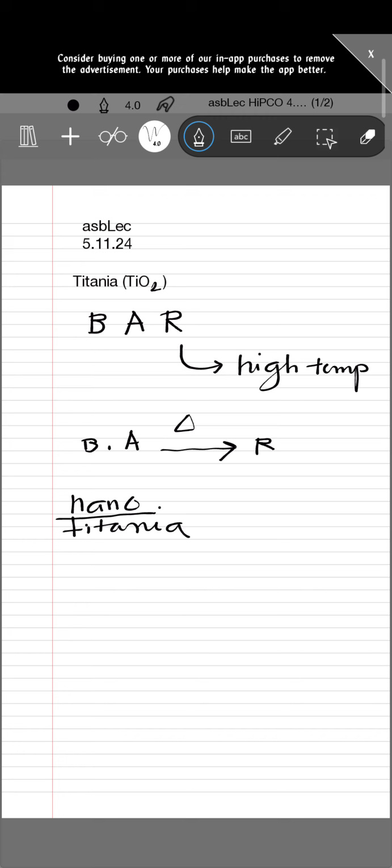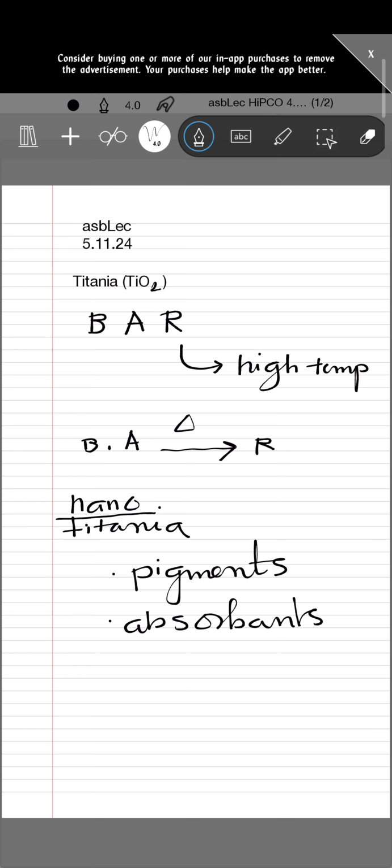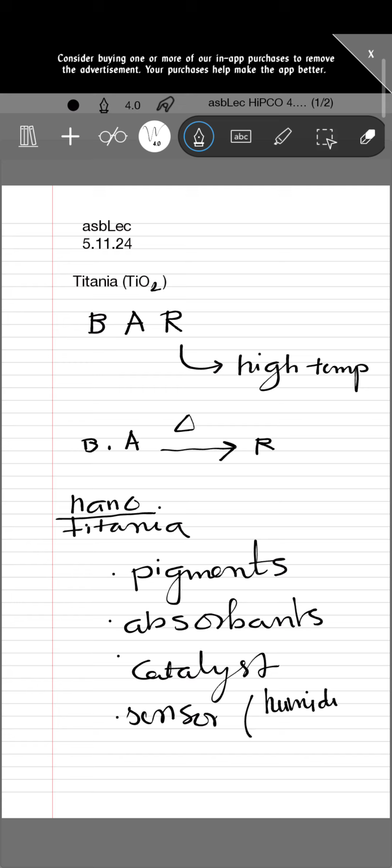This nano titania has applications as pigments, as absorbents, catalyst, and as sensor, humidity and gas, and it is also used as self cleaning coatings.